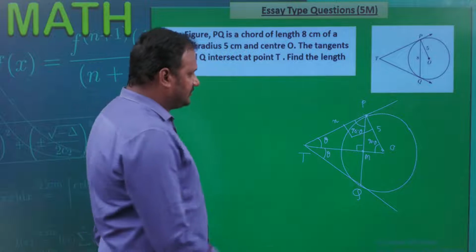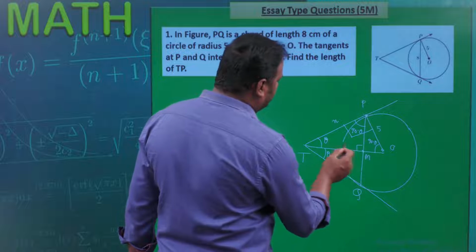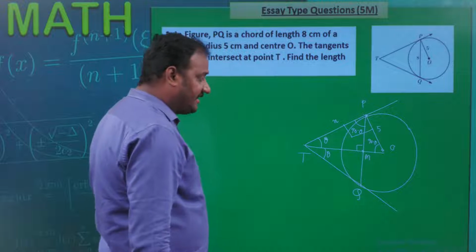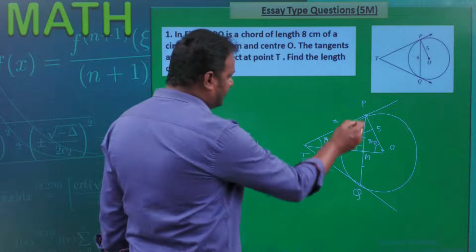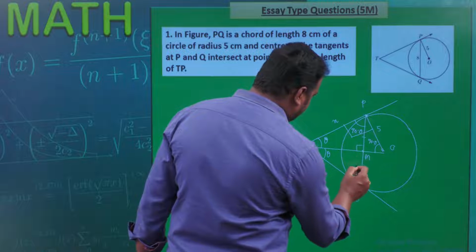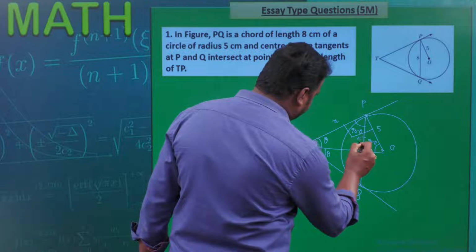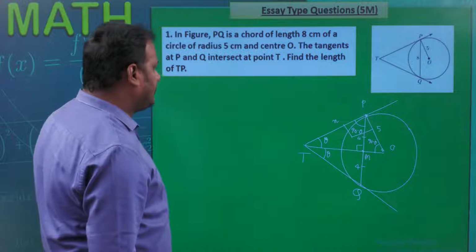If you observe, this triangle PMT is congruent to QMT, and then by CPCT, this part is equal to this part. This total length of PQ is equal to 8 centimeters. So the length of PM is equal to 4 and MQ is equal to 4. Am I clear? So they are 4 and 4.